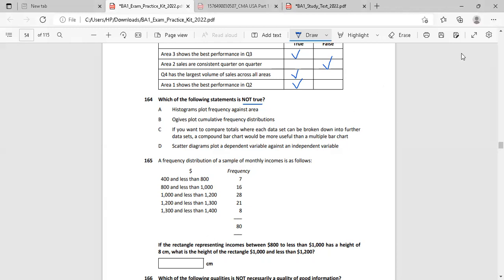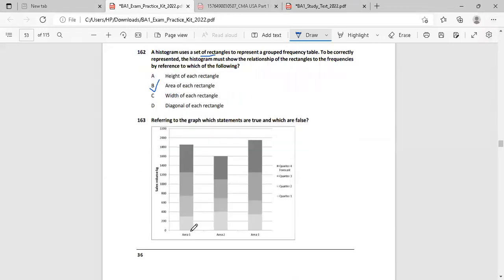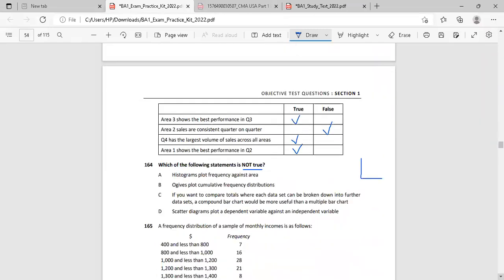What are histograms? On one side we have one variable, on the other side we have another variable. That's it. Like in the previous example also, on one side we have the area, the other side we have the sales volume in each of these quarters. It is not against the area, but one variable against another variable.